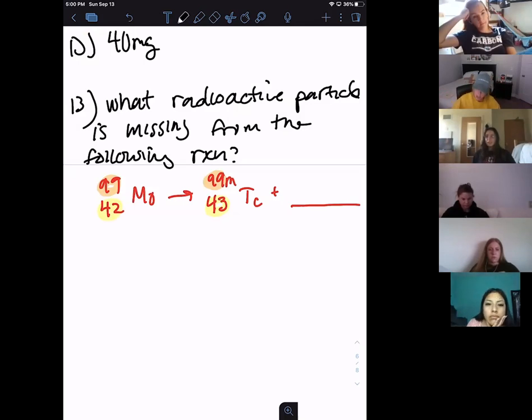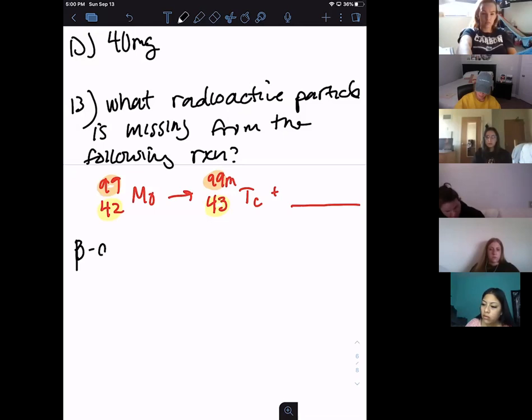Okay, so pay attention to these numbers. So we went from 42 to 43. So when we're gaining, what is that? Is that indicative of alpha or beta decay? We already had somebody say beta decay. So what is the formula for beta decay? Does it look like this?